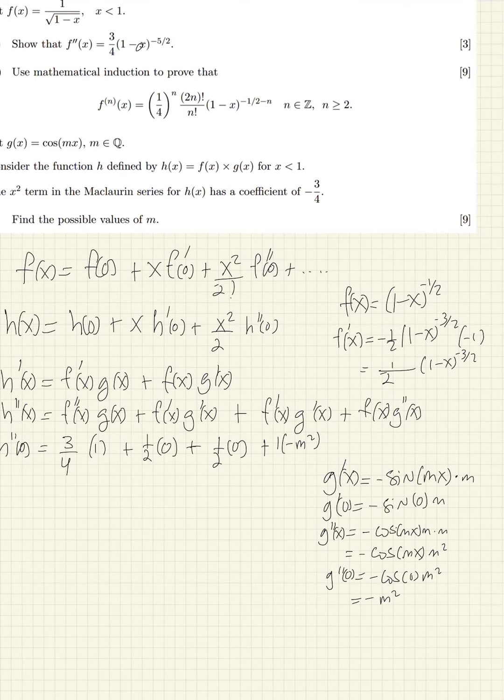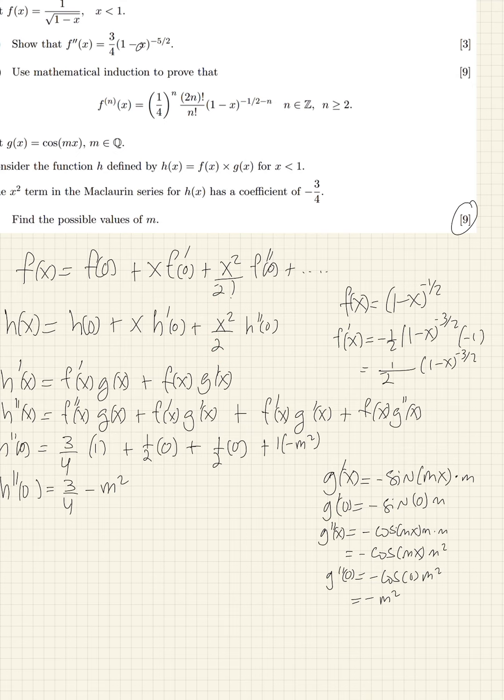So all of this to say, the h prime prime of 0, okay, this is worth 9 points. So you have plenty of time to actually do this smoothly. Is 3 over 4, the zeros cancel out, minus m squared. Now, this is h prime prime of 0. And now going back to this piece right here, this is the third term in h.